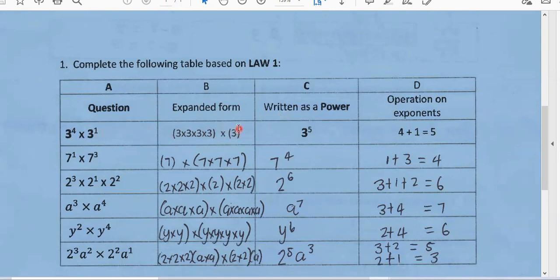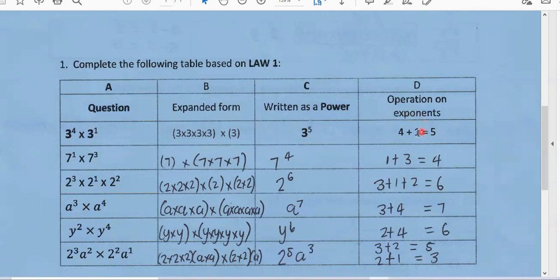In order to write that as a power, we said in our introduction, our power is made up of a base, which is 3, and the exponent in this case, which is 5. So you added the 4 plus the 1 to give you an answer of 3 to the power of 5. So that's how you write it as a power.